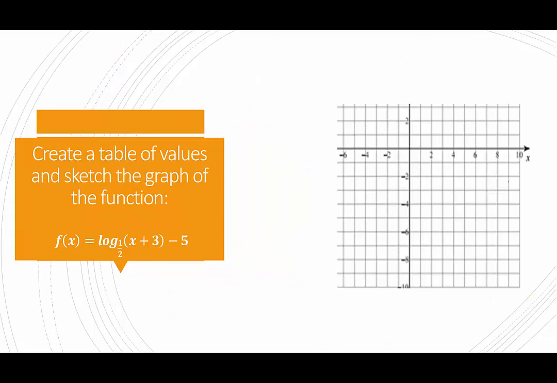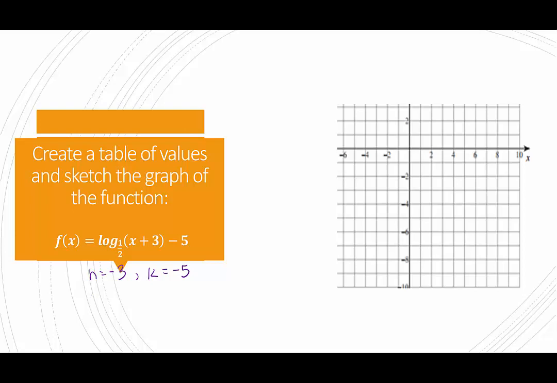We want to create a table of values and sketch the graph of the function f of x equals log base 1/2 of x plus 3, minus 5. So the 3 things we want to start out with. 1, identify h and k. In this case, h is going to equal -3, because it's always opposite inside the parentheses, and k is going to equal -5, same when it's not inside parentheses.